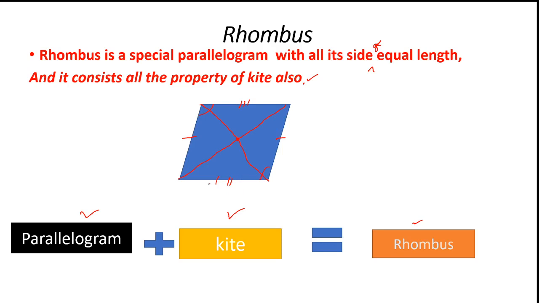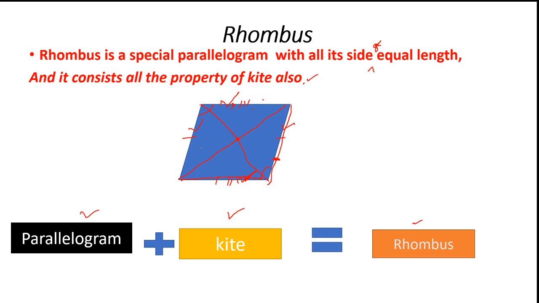And what is the property of a kite? A kite has two distinct pairs of consecutive sides of equal length. This is the first pair of sides of equal length, and this is the second pair.